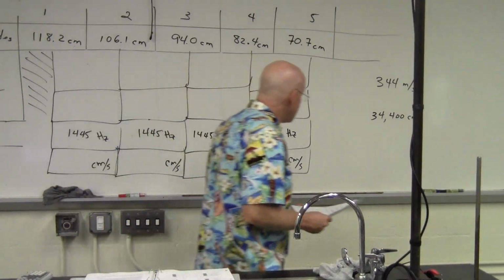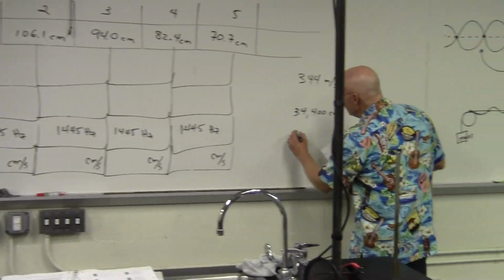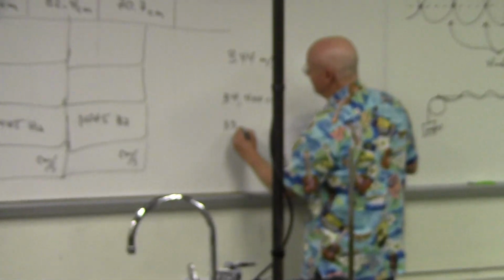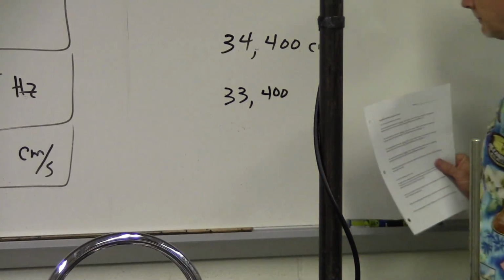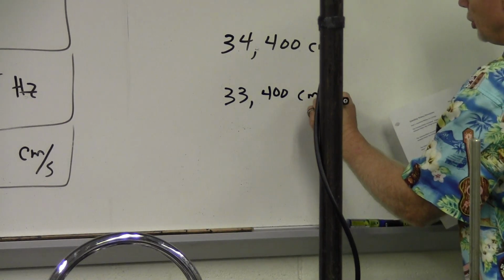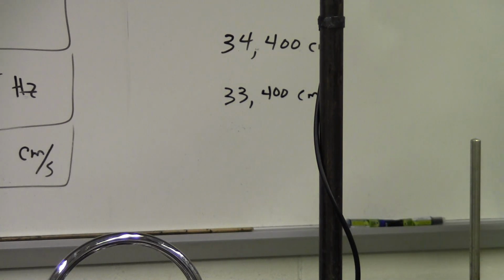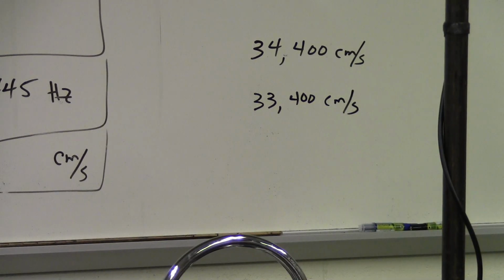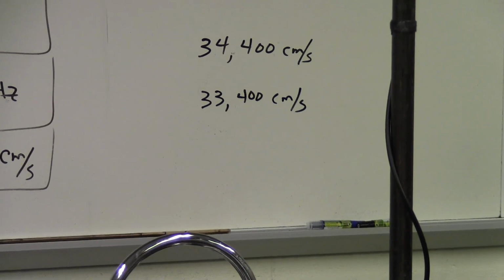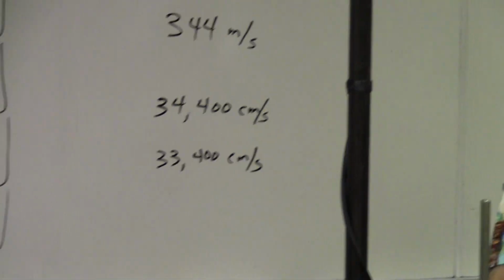So let's just say that you've got 33,400. To do a percent error, think of it this way. I like to start off to say, what is my percent accuracy first?